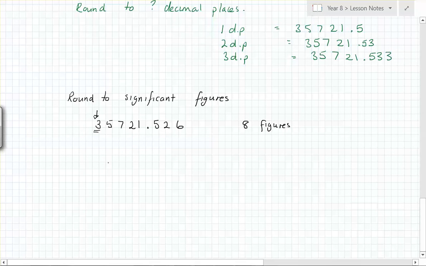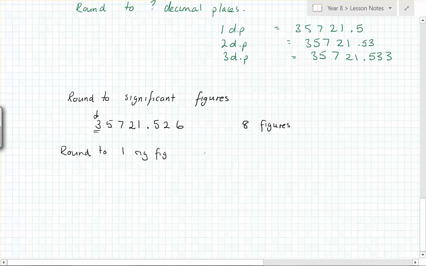So if I said to you, round to one significant figure, the answer would be? When I give you one significant figure, I mean I only want the most valuable.